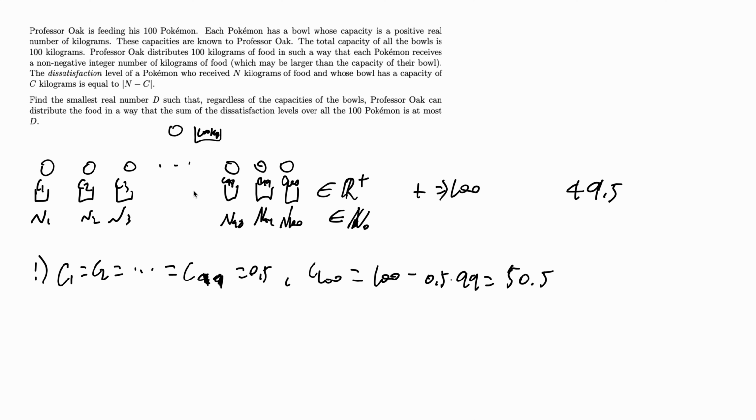And because Professor Oak knows the capacity, he's going to give 50 kilograms to C sub, sorry, it's N, not C. I'll just rewrite that.